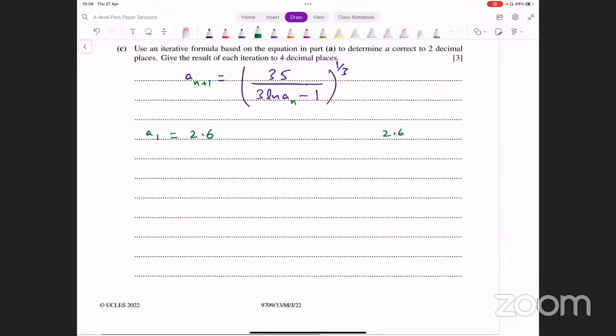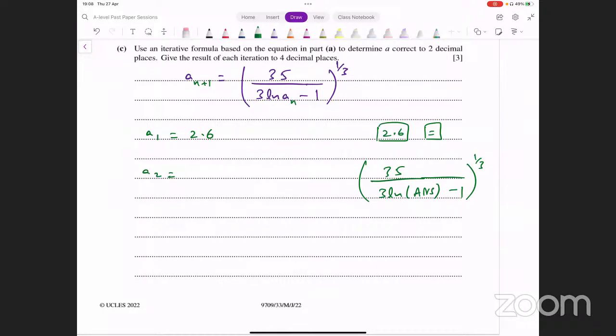And now what you have to do is put 2.6 on your calculator and press the equal button. It will save this as your answer. Then you have to enter this formula in the calculator: 35 over 3 ln of answer minus 1, whole raised to power 1 over 3, and that is going to give you the next values for A2, A3 and so on. Okay, let's see what we get. So let's input 2.6, press the equal button.